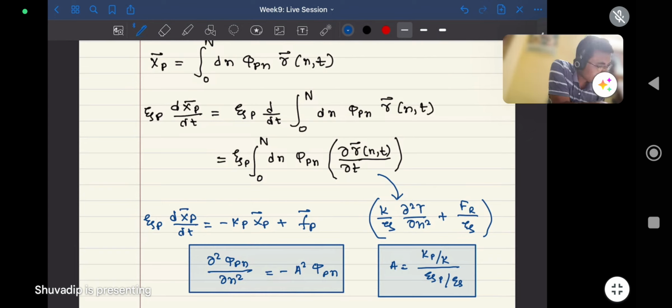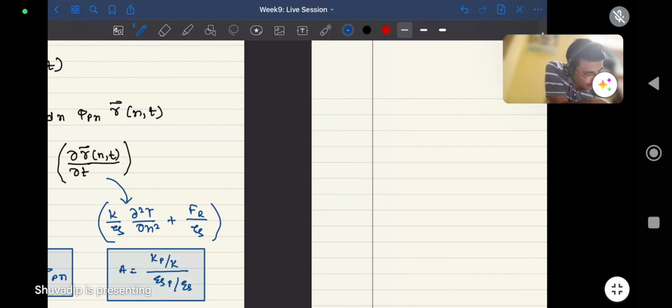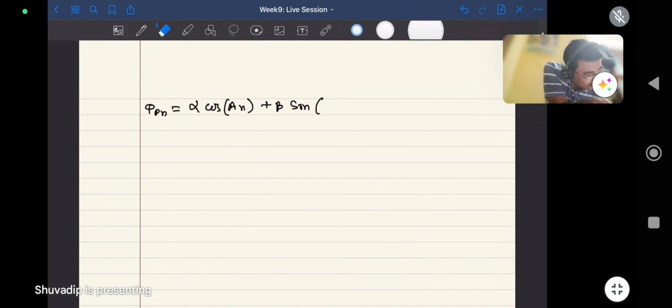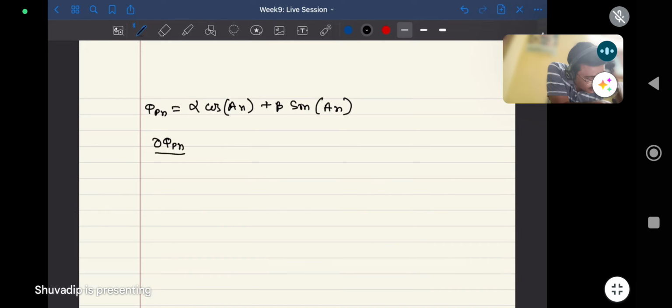This is fairly simple to solve, and the solution will be of the form phi p(n) equals alpha, some constant, times cos(a n) plus beta, again some constant, times sin(a n). Now we have the boundary condition. Del phi p/del n will be 0 at n equal to 0.